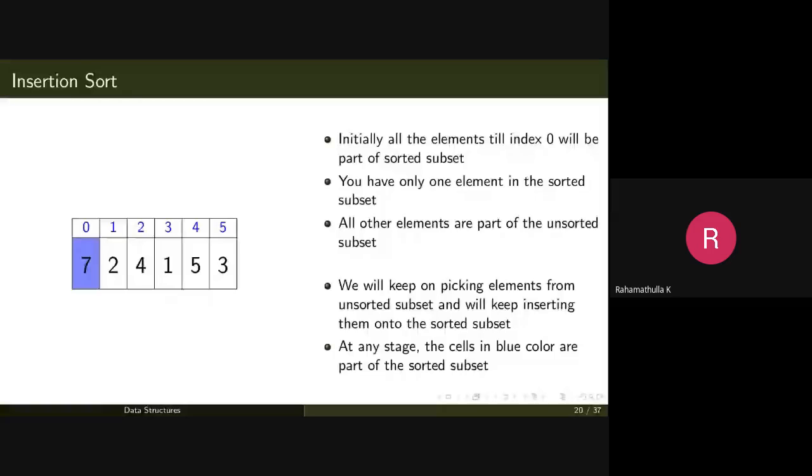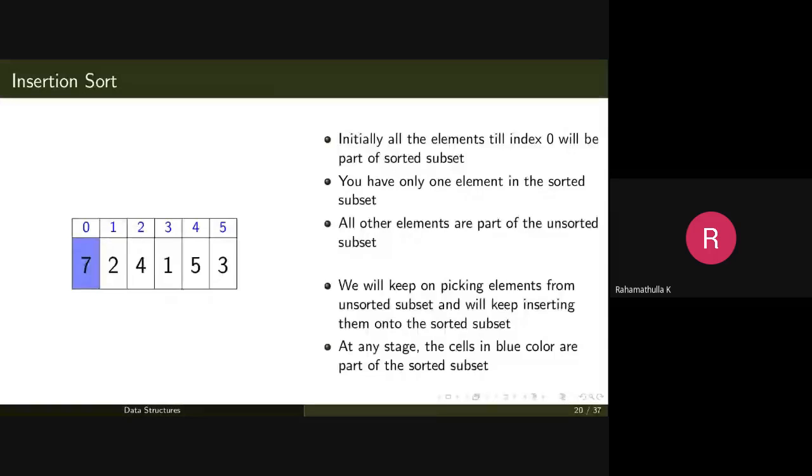Initially all the elements till index 0 will be part of the sorted subset. So we have only one element, that single element is already part of the sorted subset. All the other elements are part of the unsorted subset, that is the elements at this side.